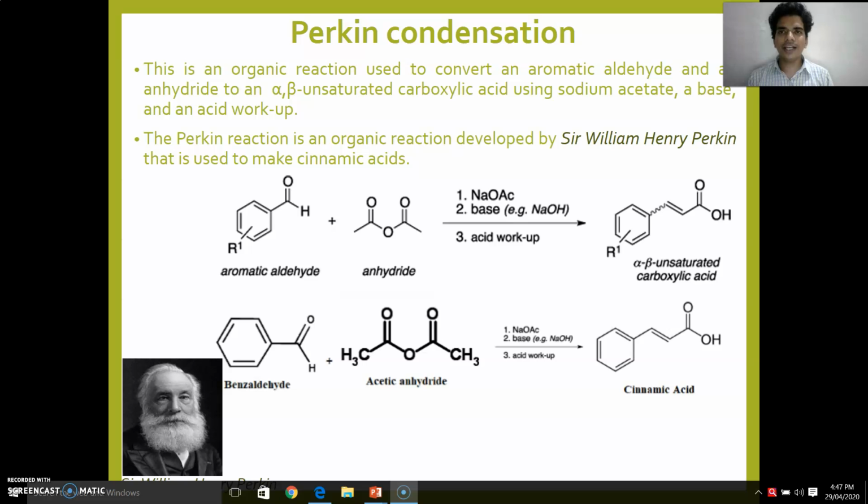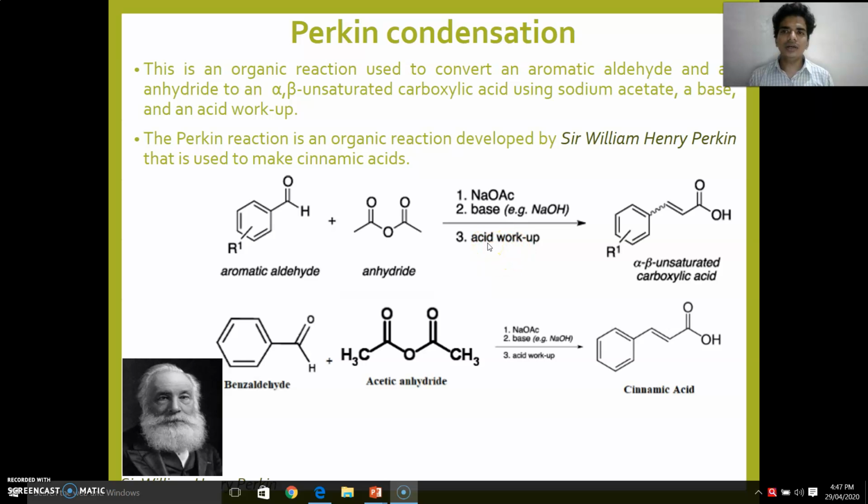This is an organic reaction used to convert an aromatic aldehyde and an anhydride to an alpha beta unsaturated carboxylic acid, using sodium acetate as the base, followed by sodium hydroxide, an acid, and lastly work up.